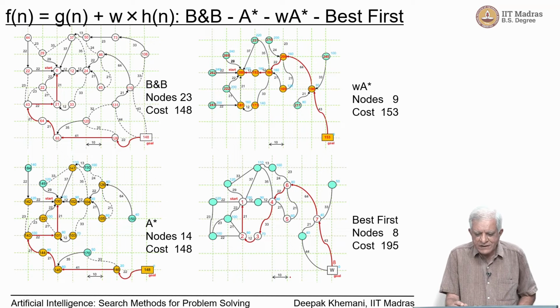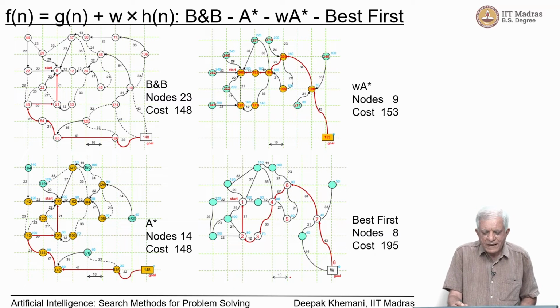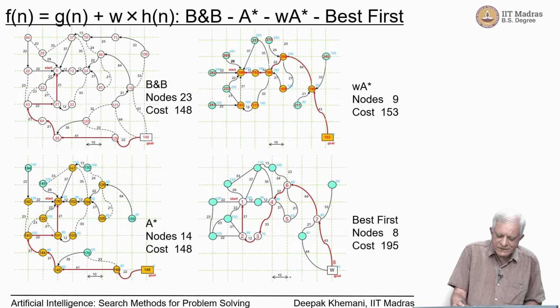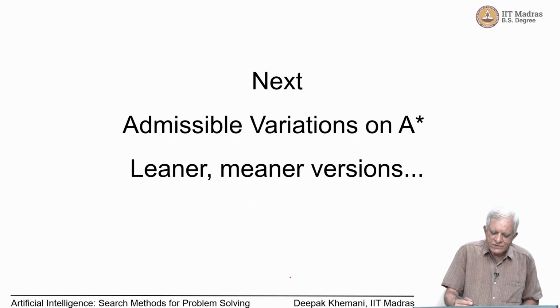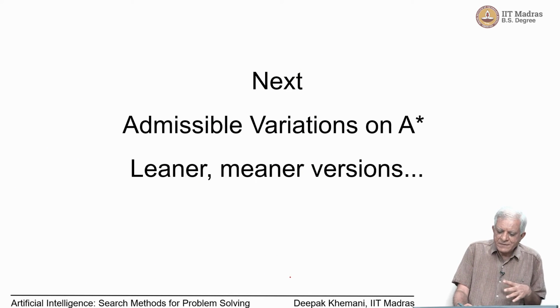So, in this example W is 2 and it inspected only 9 nodes as opposed to 14 by A star, but it did not give us an optimal cost path. So, next we will look at some admissible variations of A star. We want to look at variations which require less space, but are admissible at the same time. So, we will do that next.